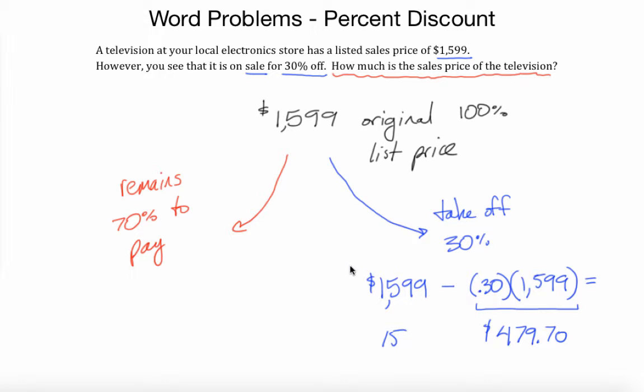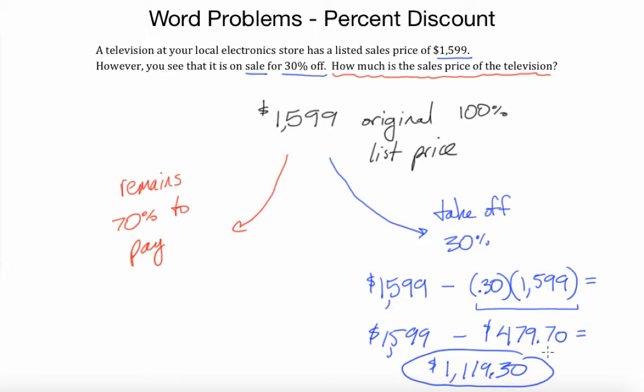Whoops, I put the comma in the wrong spot. 1,599. All right, so I would subtract those two, and I would see that my price ends up being $1,119.30. So that's one way to approach this problem.